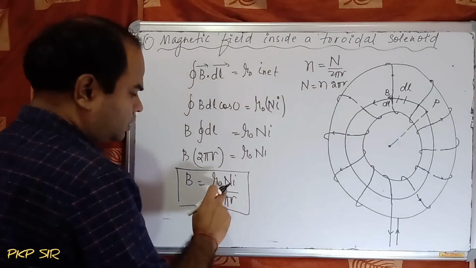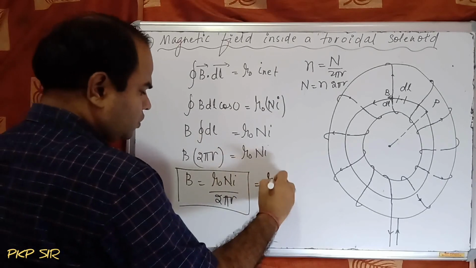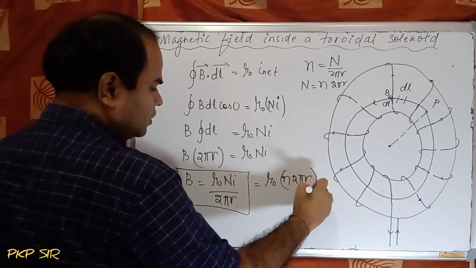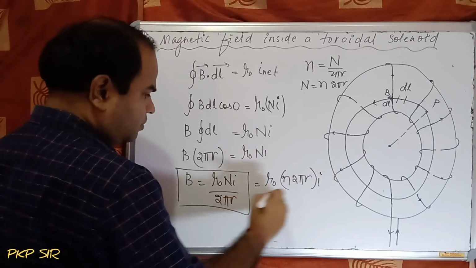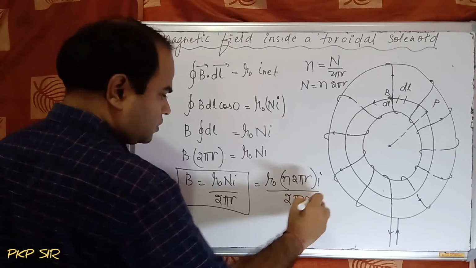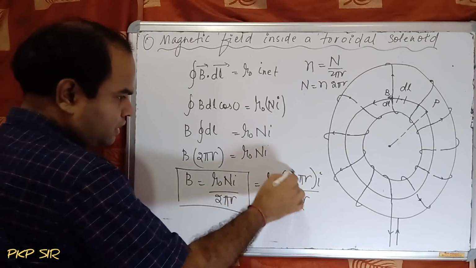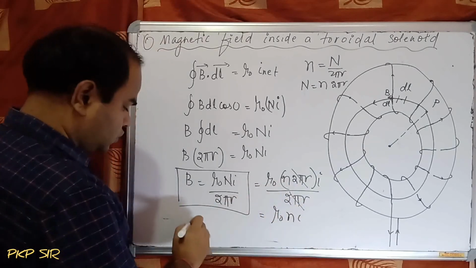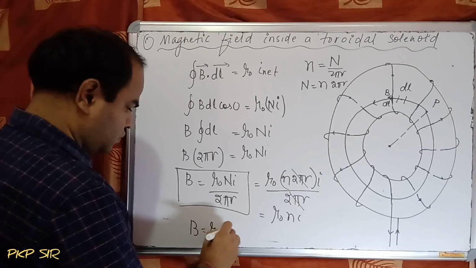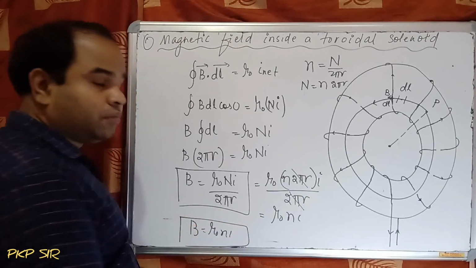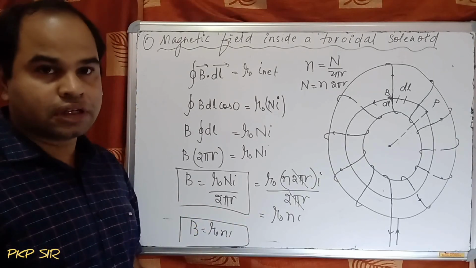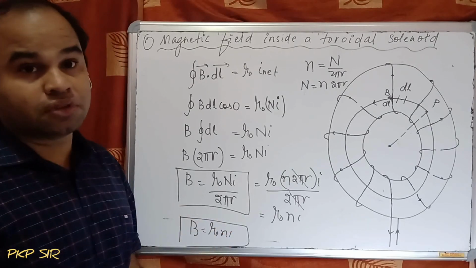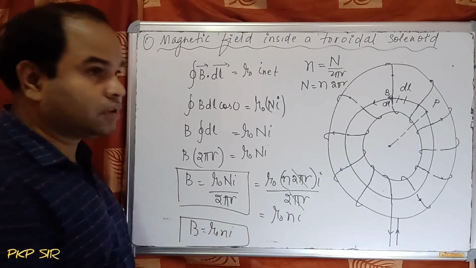Using it, mu naught n 2 pi r I divided by 2 pi r, the 2 pi r cancels, so this is equal to mu naught nI. So the magnetic field inside the toroid can also be written as mu naught nI, where n is the number of turns per unit length of the toroid and I is the current flowing in the toroid.